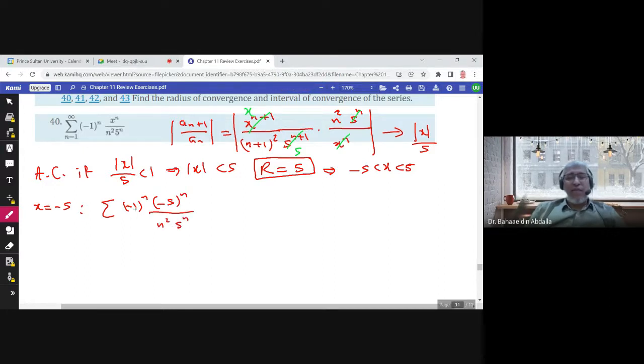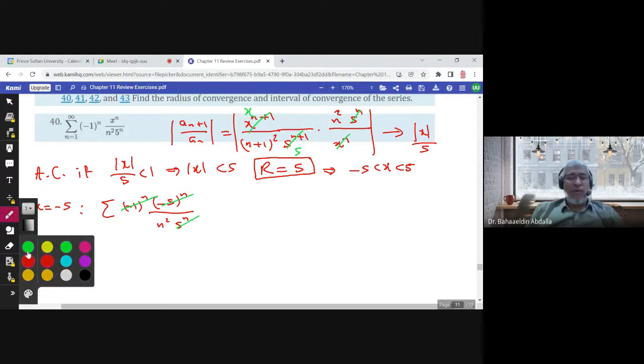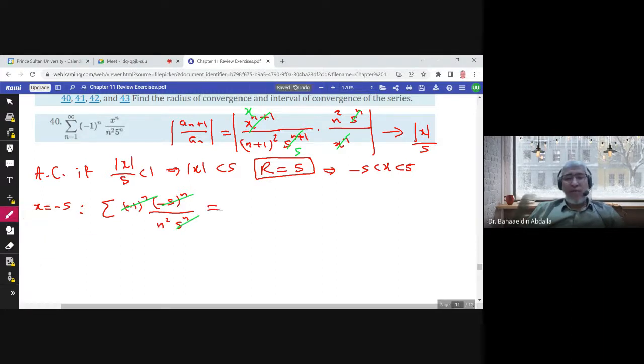Notice that -1 to the power n and -5 to the power n, I can multiply these two and have 5 to the power n, and it will be cancelled with the 5 to the power n below. So in fact, this is equal to summation 1 over n squared. And this is a convergent p-series because p is 2, greater than 1.